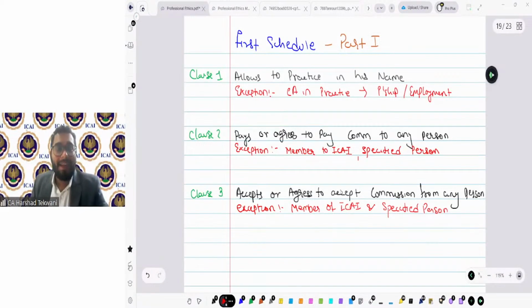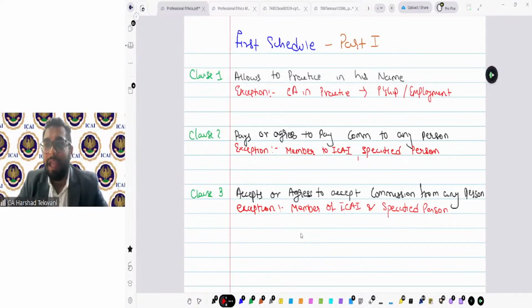Fourth one, if he enters into a partnership with any person other than the persons who are specified, then in that case he will be held guilty of professional misconduct.